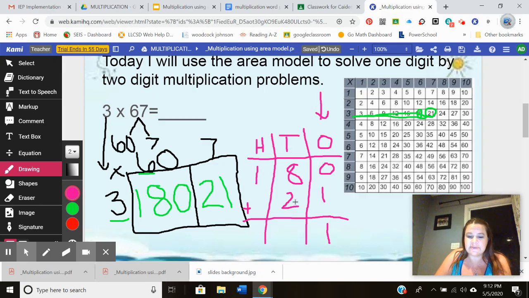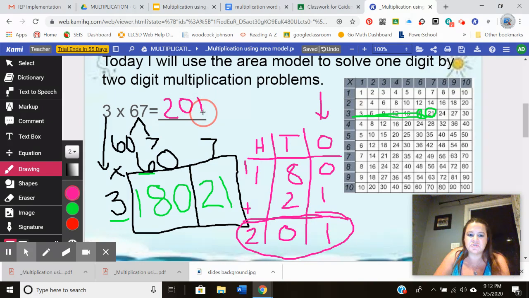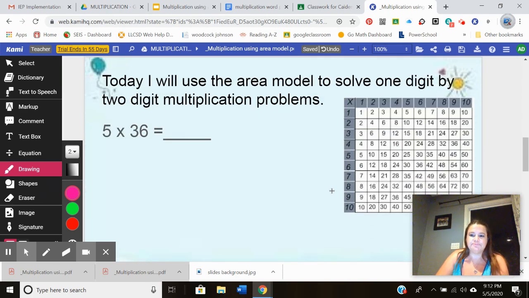Then I go to the tens place, and I have 8 plus 2, so 8, 9, 10. Now I cannot put a 2-digit number here. So since it's the number 10, I'm going to carry over the 1 and put the 0. So 1 plus 1 is 2. So the product of 3 times 67 is 201.